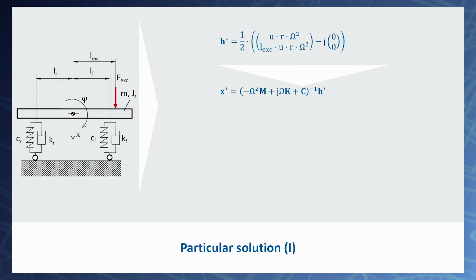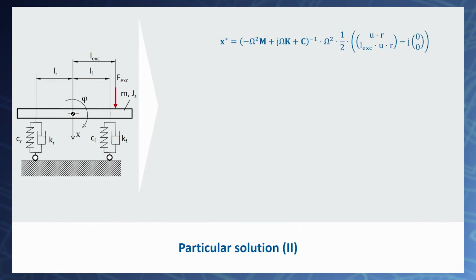Then we can directly apply the formula that connects h star with x star, and we already know that the matrix involved in this equation is the frequency response matrix, and we also know that we can formulate h star again through this equation, as we have seen here in the very beginning of this slide.